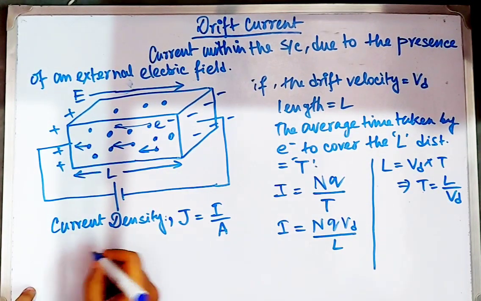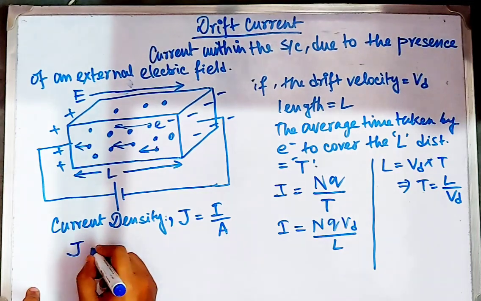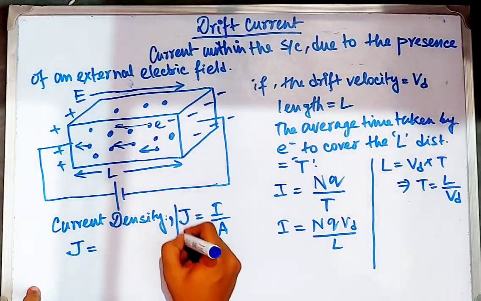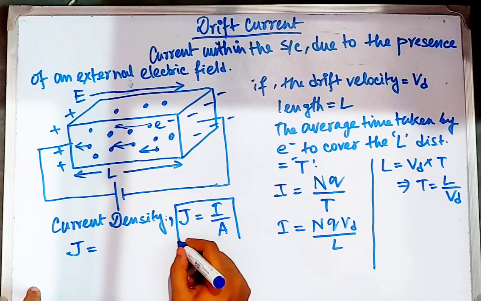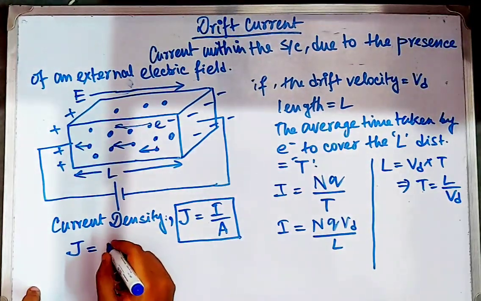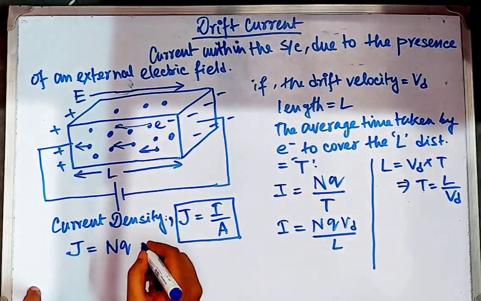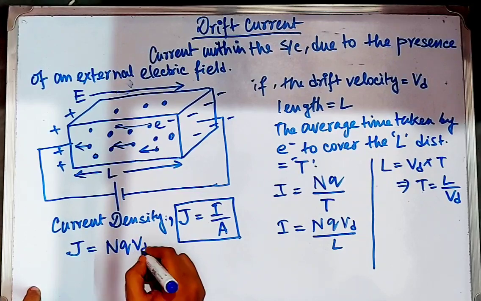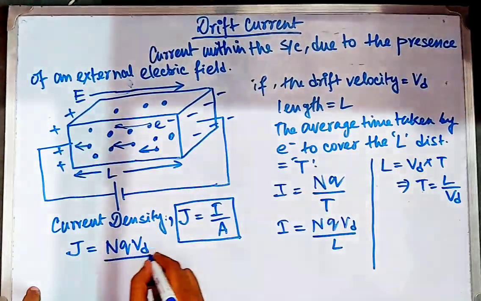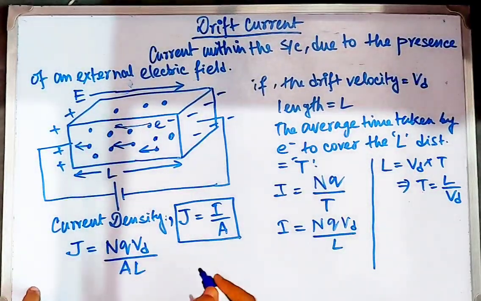If I replace this I value in the formula, we get nqVd by AL.